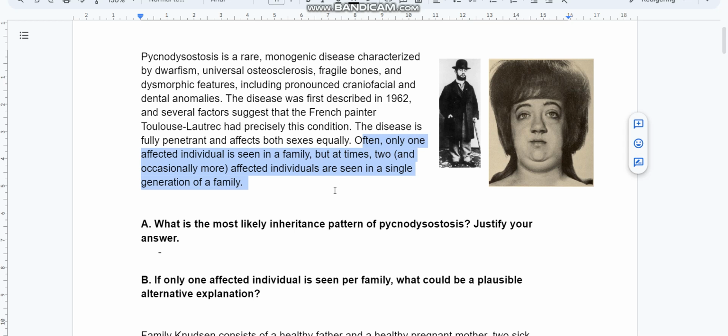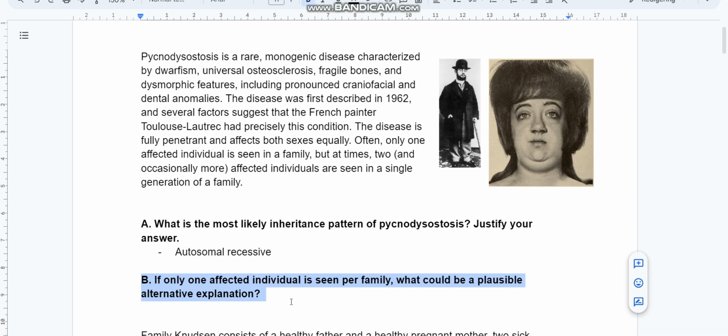So it must be autosomal recessive. It cannot be X-linked recessive, because again, males are the only ones who can have the expressed phenotype there. And so the answer is autosomal recessive.